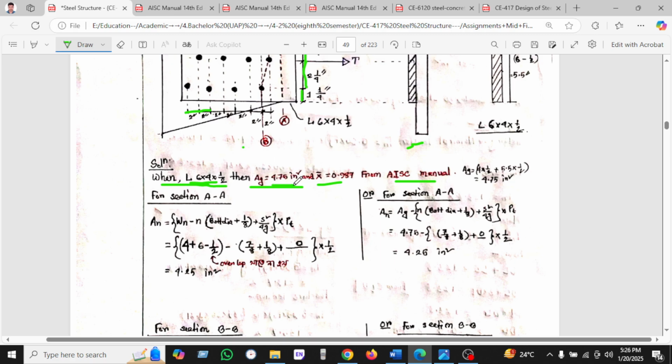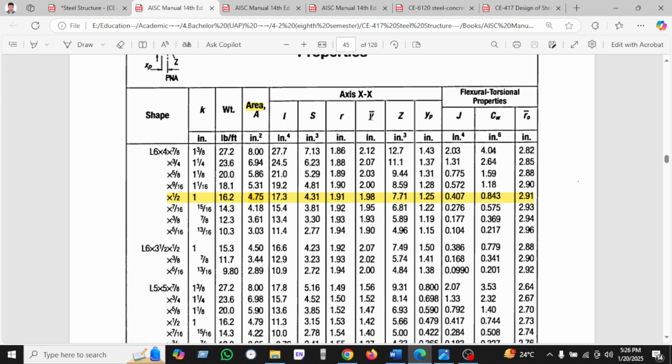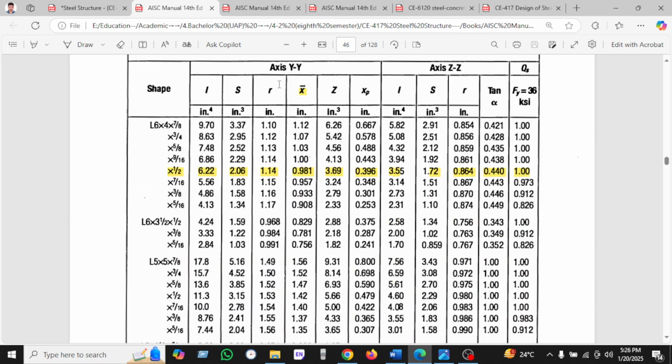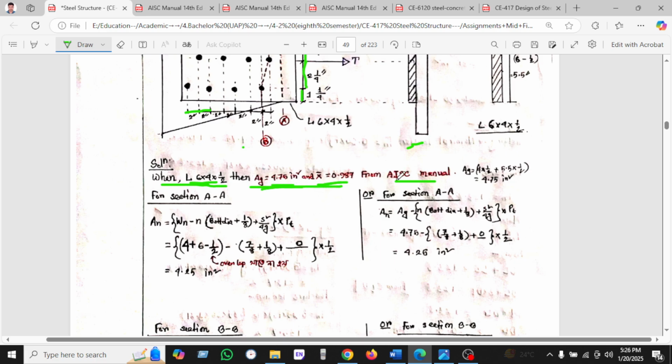Then we have taken 4.75, and X bar also we are taking similarly. This is the Y bar, and we'll go to the next table. This is the X bar, which is 0.981.